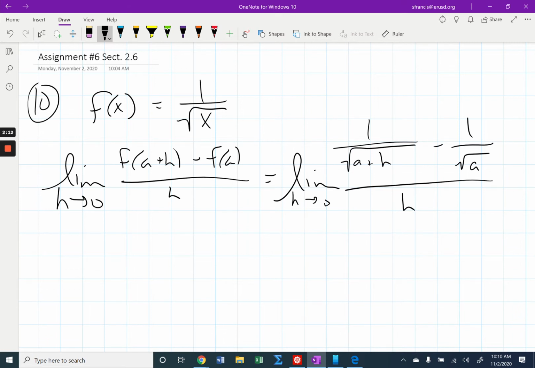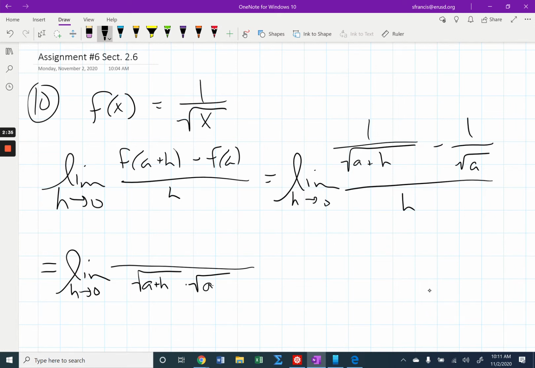Now, the first thing I would do here is the algebra to find a single fraction, or combine the fractions in the numerator into a single fraction. And when I do that, my common denominator is going to be the product of root a plus h times root a.